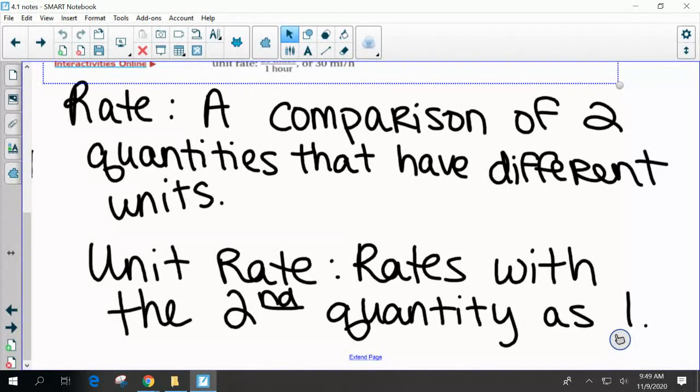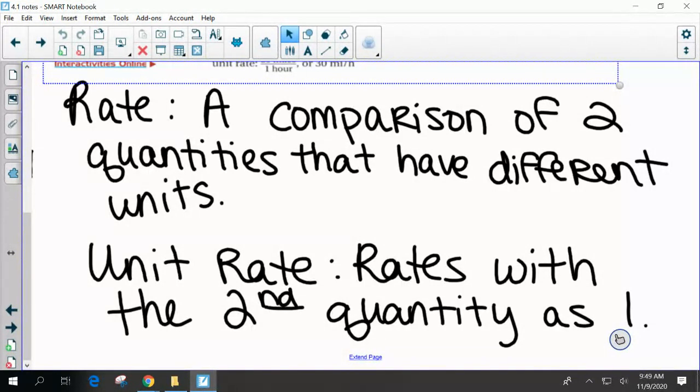So for example, you could say something like, in 8th grade, there are 8 girls to every 5 boys or something. That would give us a rate with two different quantities. And then a unit rate is a rate where the second quantity is 1. So for example, when you look at gas prices, and it's like $1.78 right now, that means $1.78 per what?